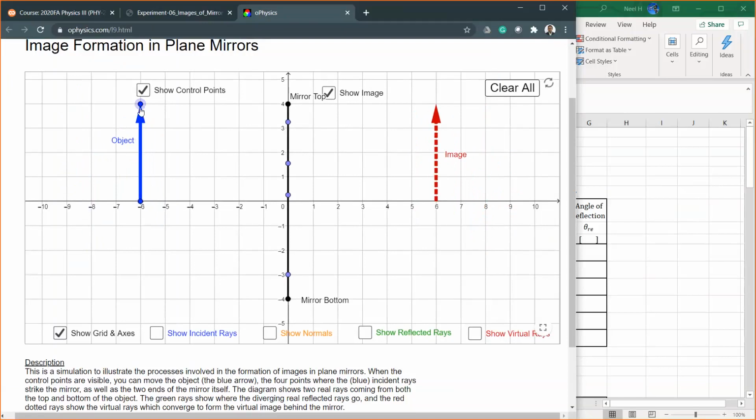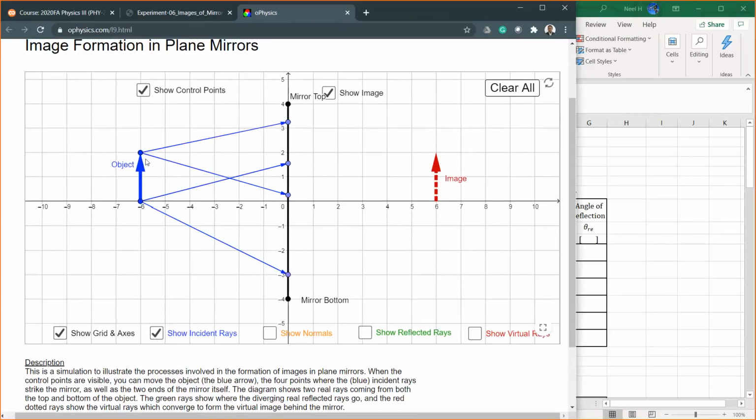And then change the top of the object to about 2 squares in height. Now you can see the object and the image are exactly the same in height, right? So the size is the same, which means the magnification from a plane mirror is always 1. And now let's switch on show incident rays.